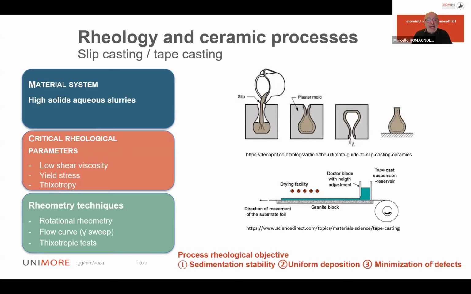And we can check this parameter using rotational rheometry, not just the Ford cup measurement and similar, but rotational rheometry is the best method to measure all these parameters.